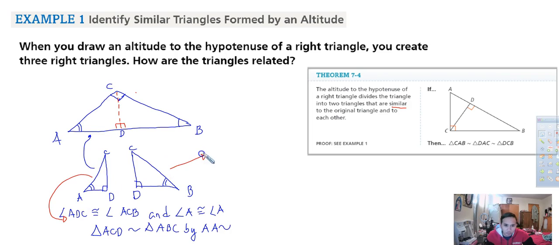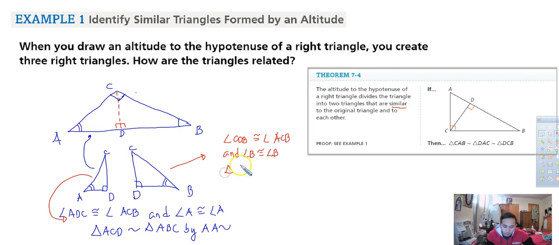For this one, if I make a statement, angle CDB is congruent to angle ACB, and they share a common angle, angle B, which is also congruent to itself.